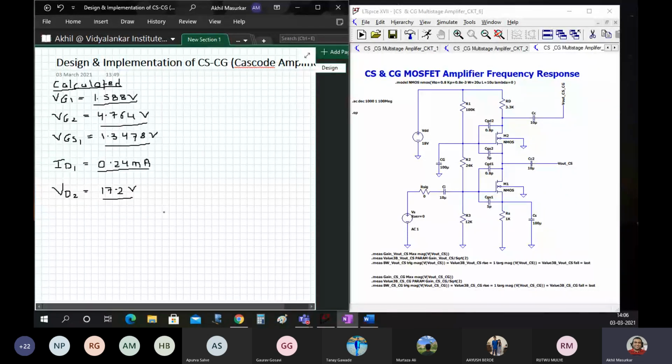Then we have VS1, that is voltage at source 1, which was 0.24 volts. And then we had voltage at source 2, which was 3.416 volts.